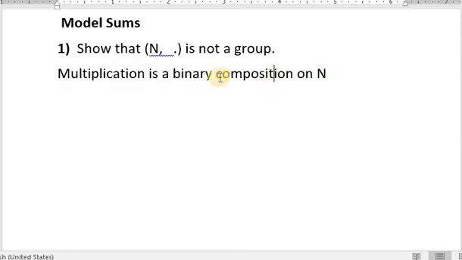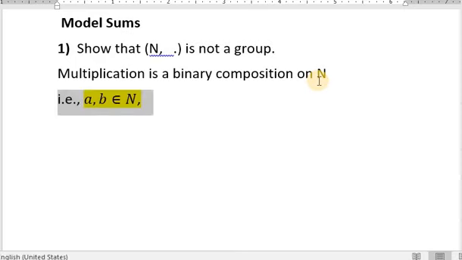We know that multiplication is a binary composition on N. Why? Because if you take any two elements a and b belongs to N, then a into b also belongs to N. It is nothing but the product of two natural numbers is again a natural number.